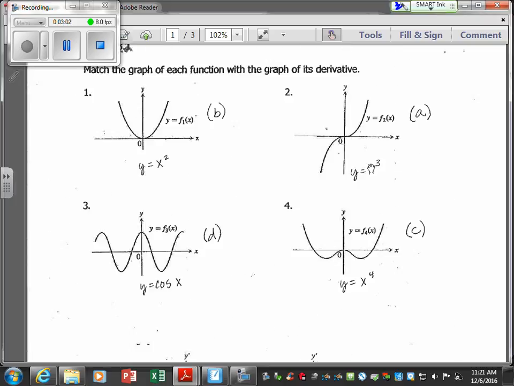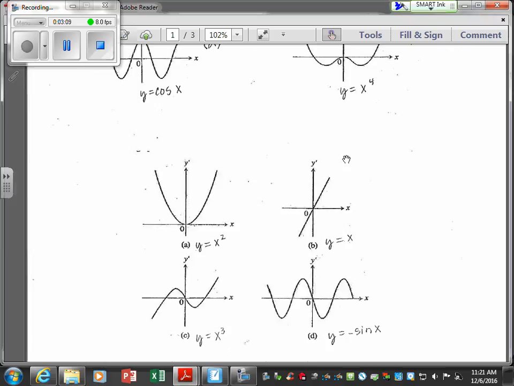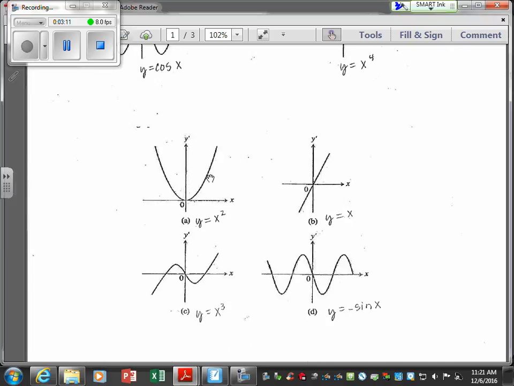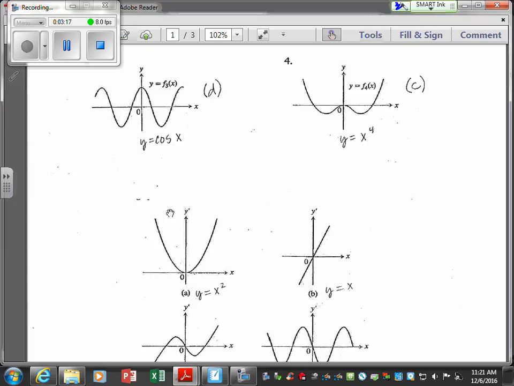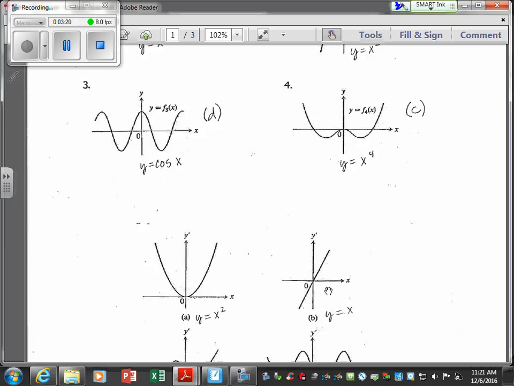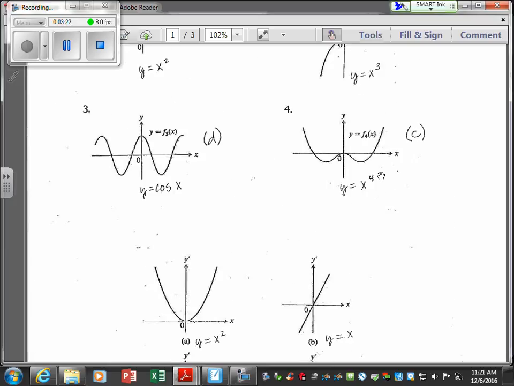Okay, what about a cubic? The derivative of this would be 3x squared, so basically an x squared function. So the derivative of that one would be here. Cosine of x, you haven't done this yet. We're going to talk about this later, but it's negative sine of x, so that would be paired with this one. And then if you have an x to the 4th function, what's the derivative using power rule? 4x to the 3rd, so basically it's a cubic function of some sort.